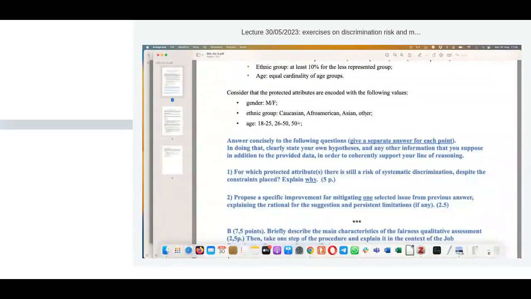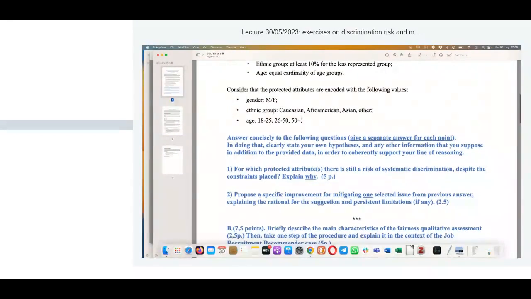So it doesn't mean that having 10% of the less represented category counterbalances the majority of Caucasian.